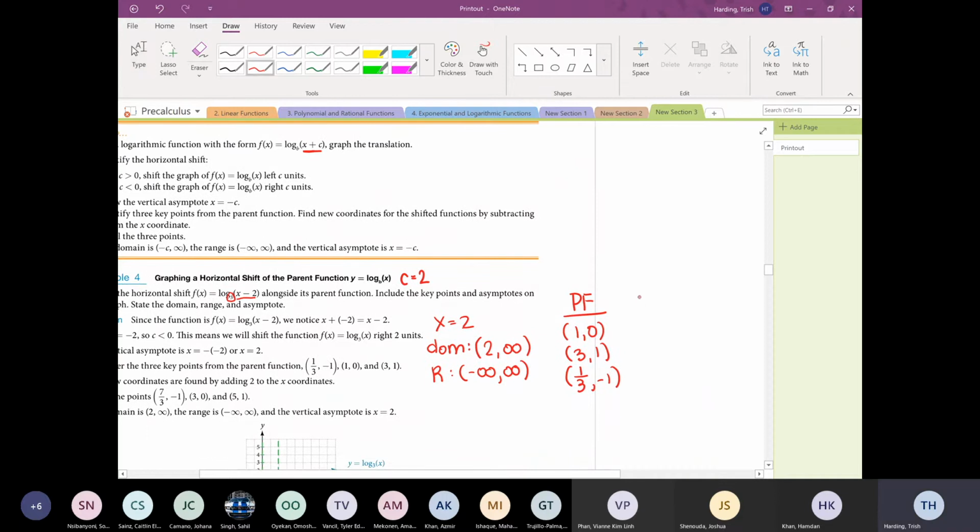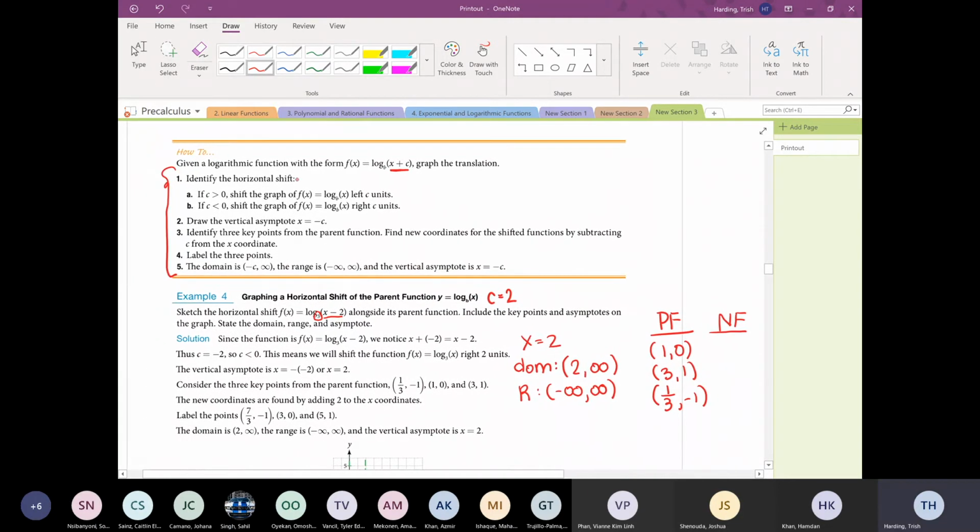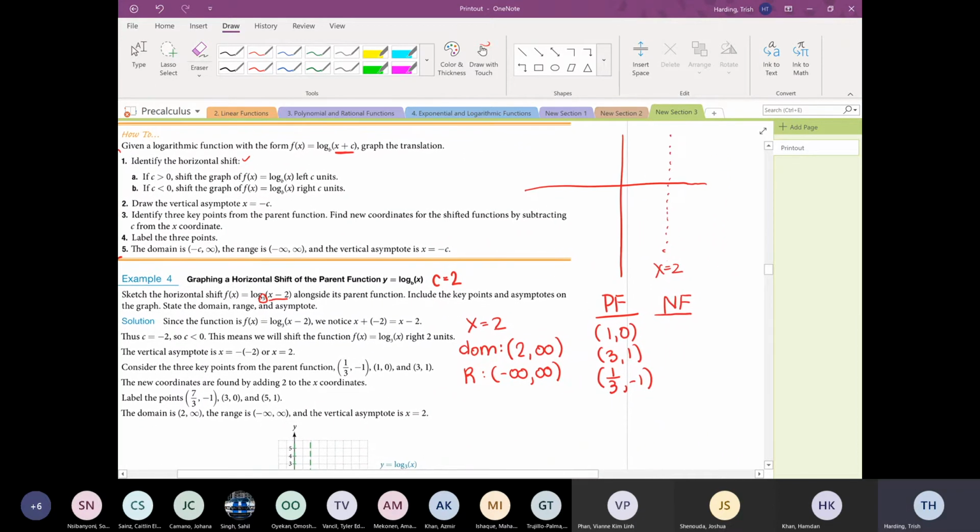So now in the new function, according to what we have done, we have identified the shift. Let's go ahead and draw the vertical asymptote at x equals 2. There we go, the asymptote at x equals 2. So we've identified the 3 key points right here from the parent function. We have to find the new points by subtracting c from the x-coordinate.